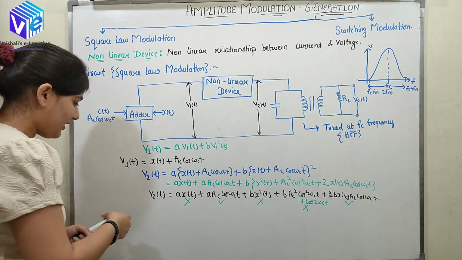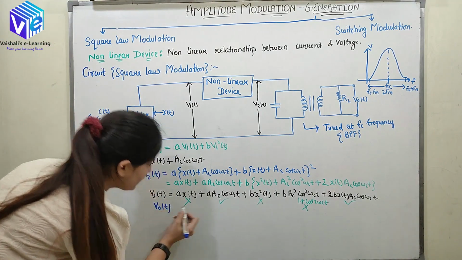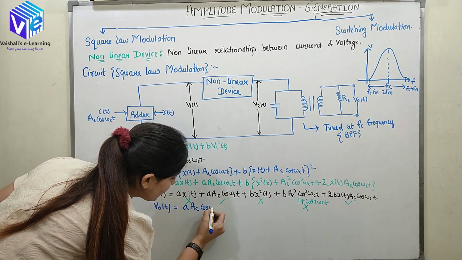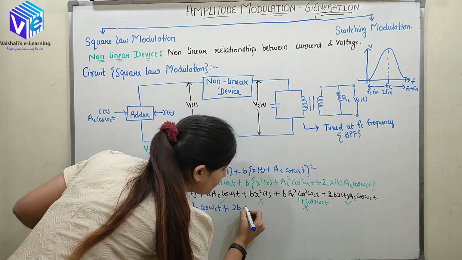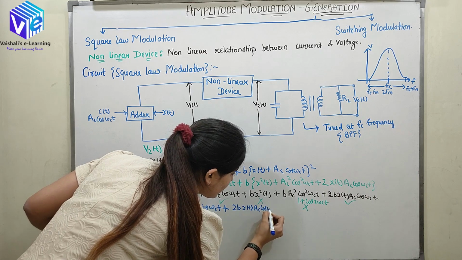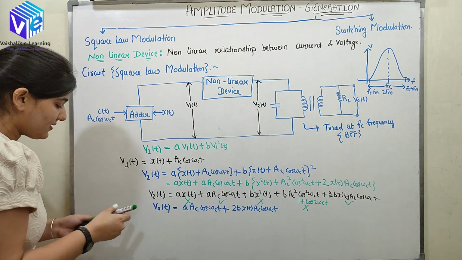So I have the V output T. So if I represent the V output T, which signals I have? I have AAC cos omega CT plus 2BXT AC cos omega CT. So now I can take AAC cos omega CT common.